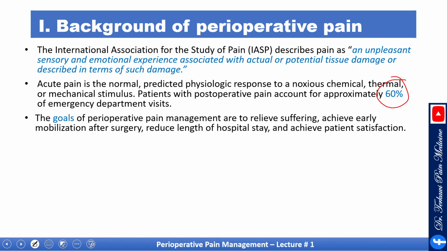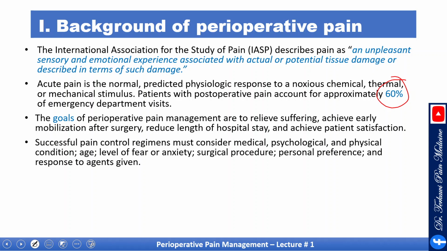The goals of perioperative pain management are to relieve suffering, achieve early mobilization after surgery, reduce length of hospital stay, and achieve patient satisfaction. A successful pain control regimen must consider medical, psychological, and physical conditions for the patient, including age, level of anxiety, surgical procedure, personal preference, and response to agent given.